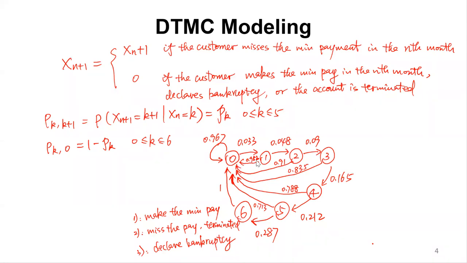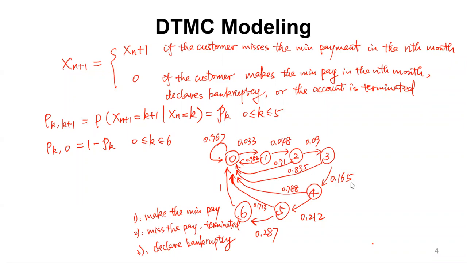This 0.952 includes 3 conditions: make the minimum payment, terminated, or declare bankruptcy. Same for all other states. For state 3, there's a probability 0.165 to go to state 4, and 0.835 to go to state 0. So this line includes 3 conditions.